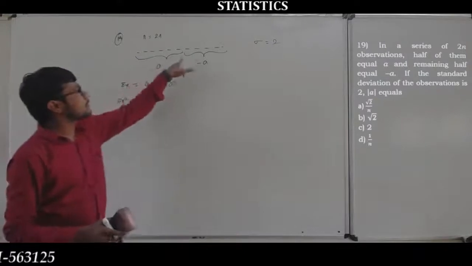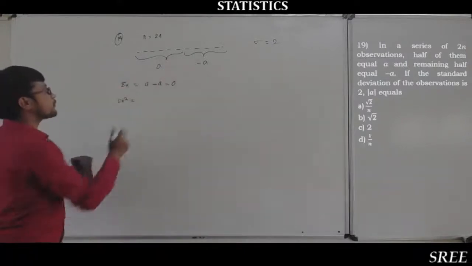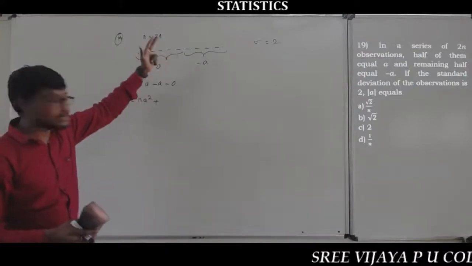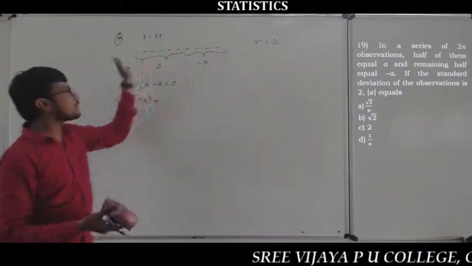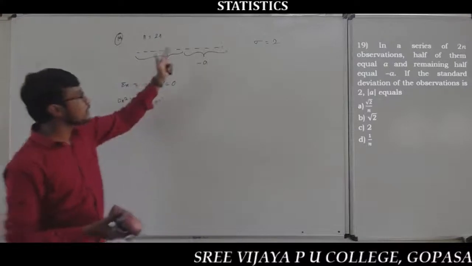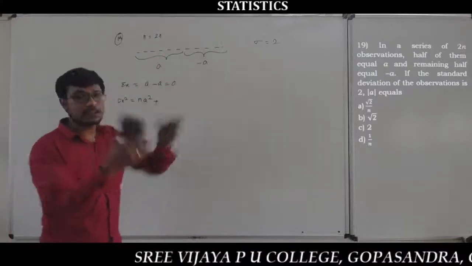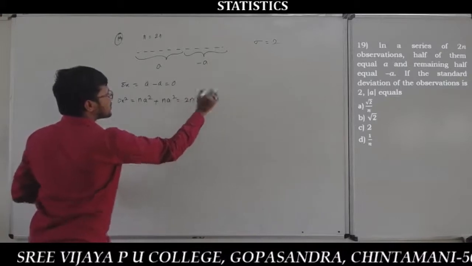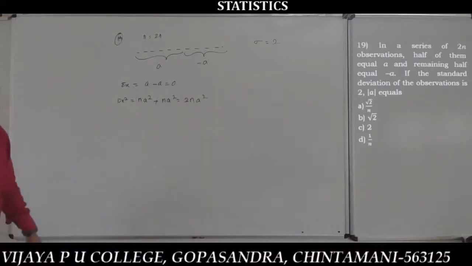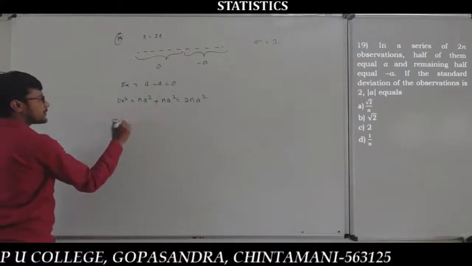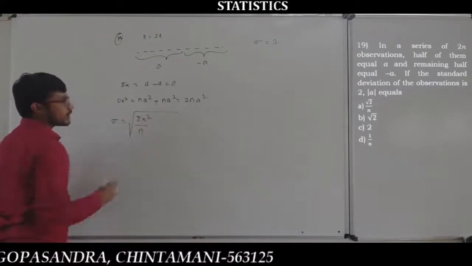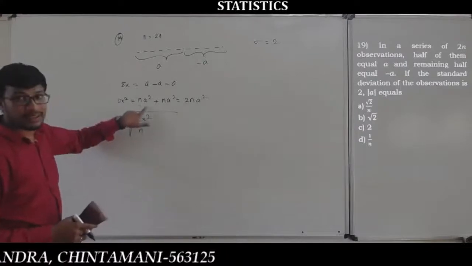So this is n observations with A. If you square, it means n A square, because this half means n observations. This half is again n observations. If you add that, it means n times A square. So this half of the observations is minus A whole square, again that becomes plus A square. That is total 2n A square. This is summation of x square. So to find standard deviation, equals square root of summation of x square by n. So you know how to get this value, right? n A square it is.